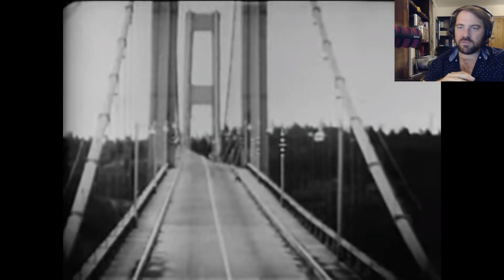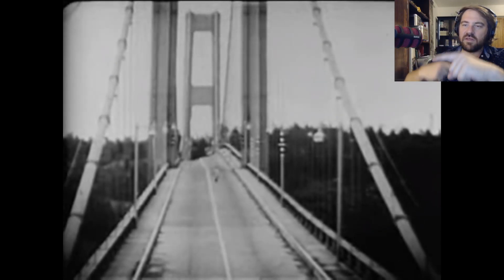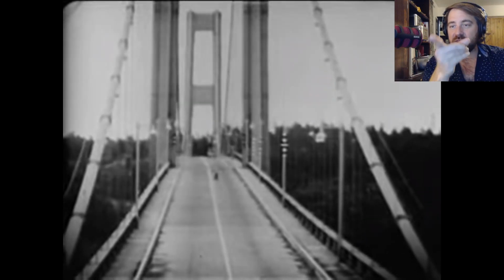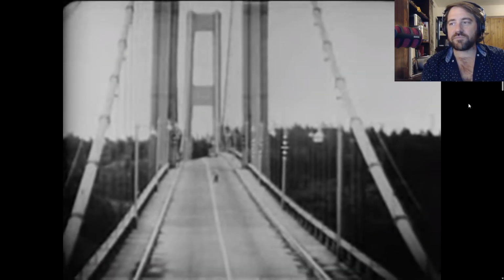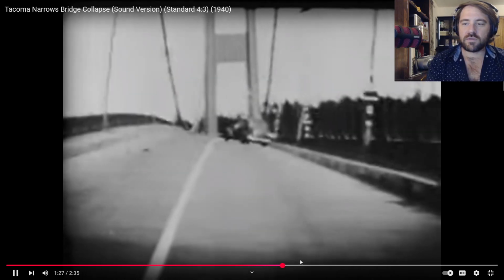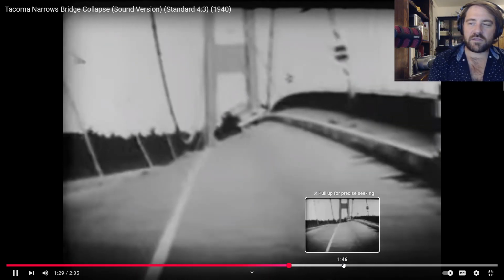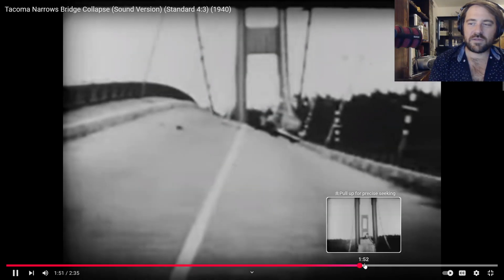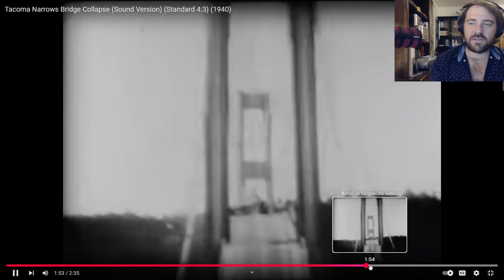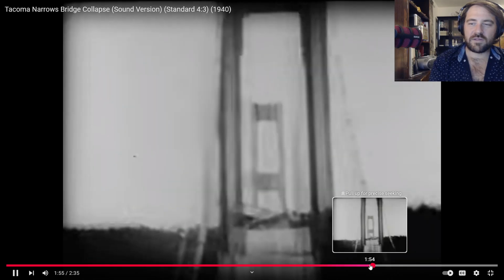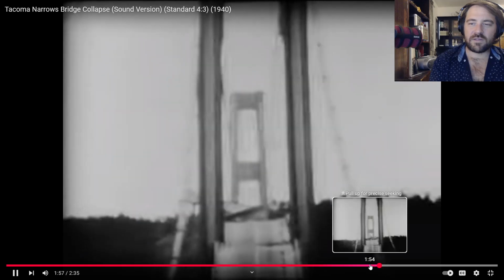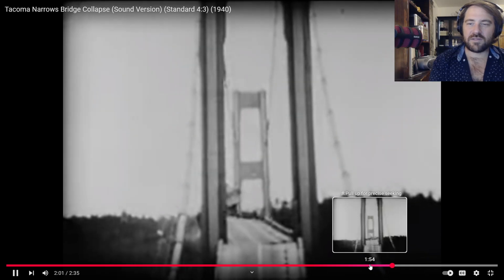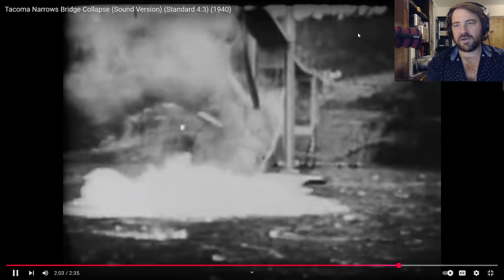The wind's blowing at the same speed. And so the resonance builds and builds and builds and builds until you get this kind of motion. And then there it goes.